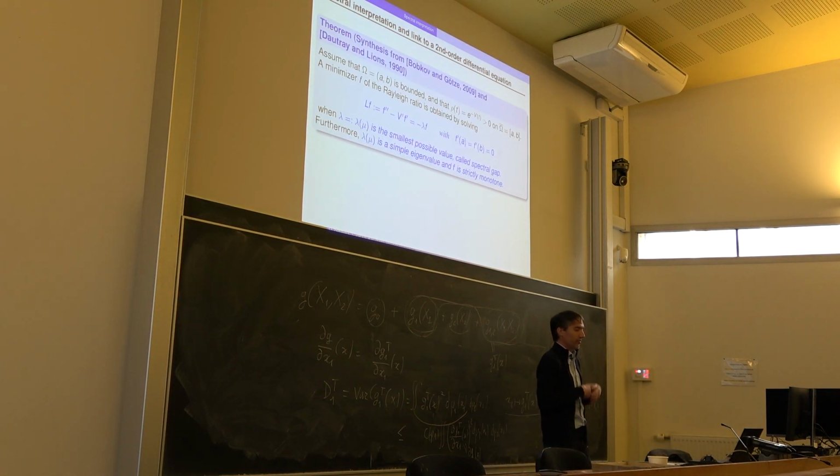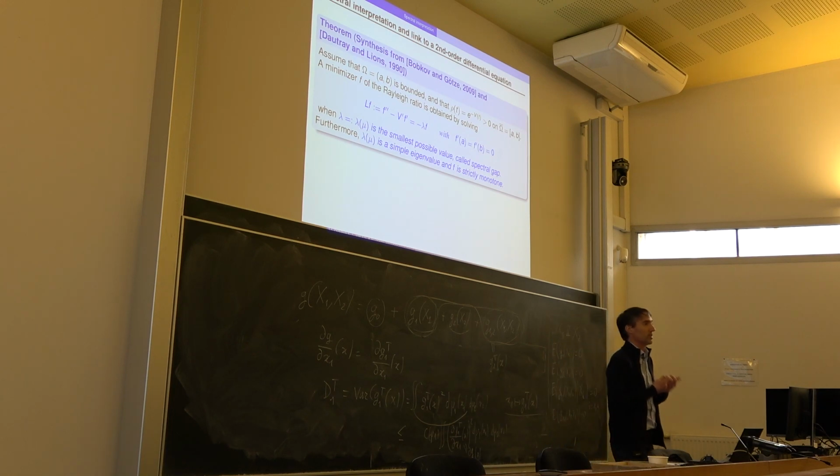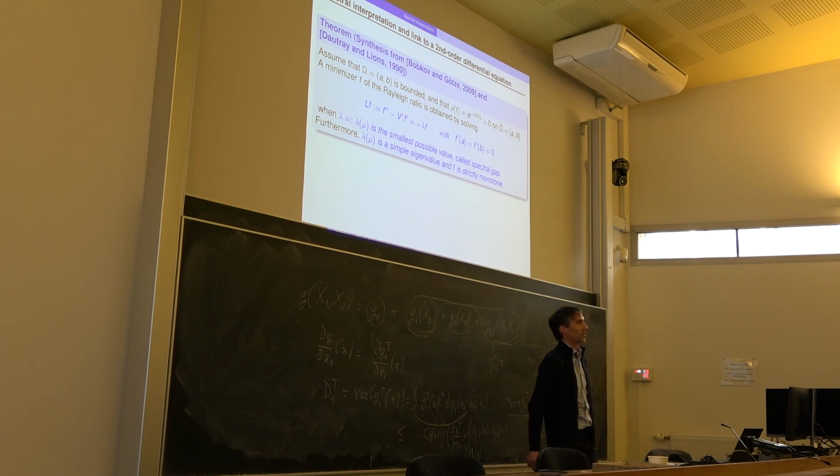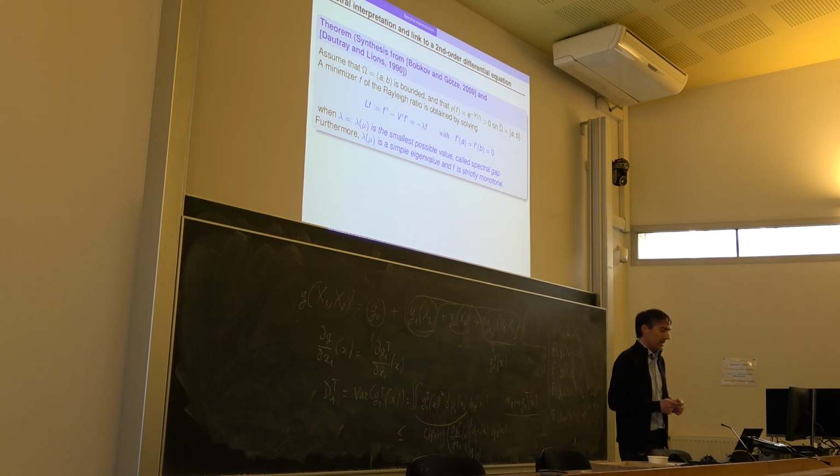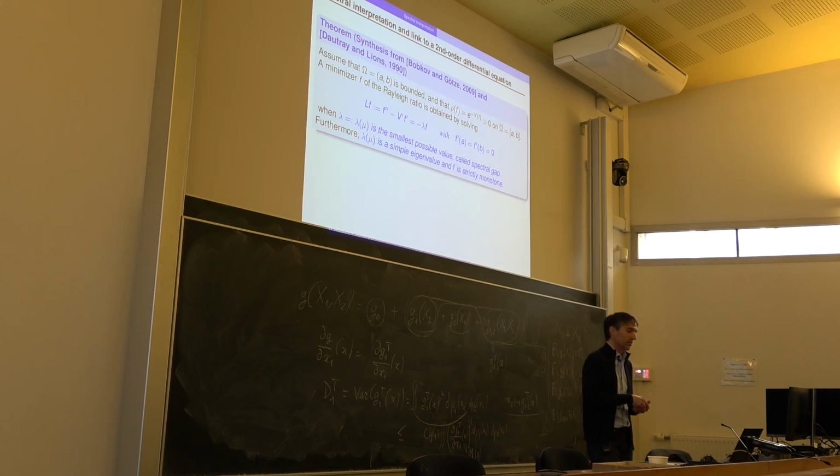And actually, for our problem, it is the same idea. But of course, it's more difficult to write because you have functions. So instead of having a matrix, you have an operator, which is a differential operator. And the differential operator to consider is this one.